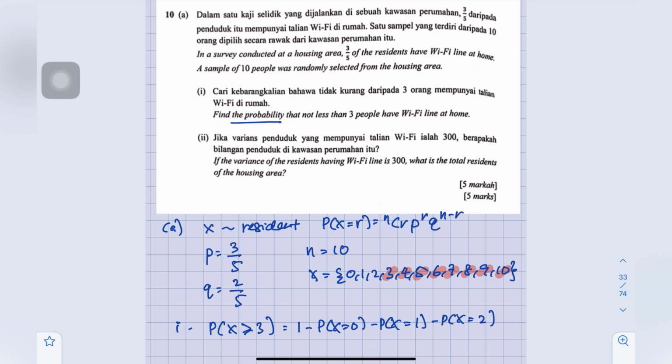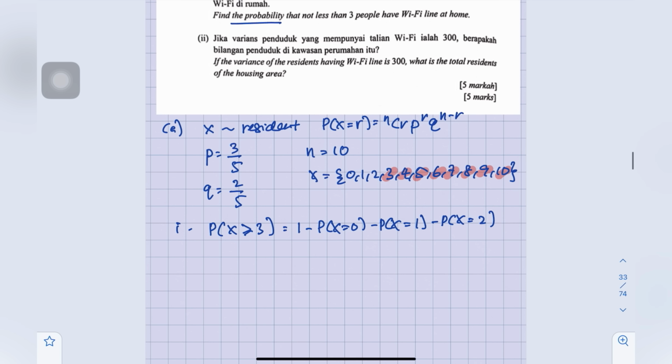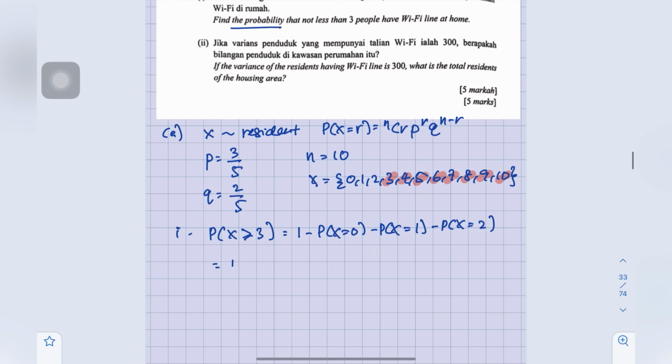Okay, so then we substitute into the formula. So 1 minus, when X equals 0, 10C0, 3/5 power of 0, 2/5 power of 10. Minus, when X equals 1, 10C1, 3/5 power of 1, 2/5 power of 9.